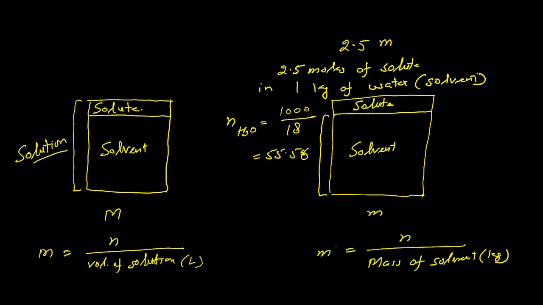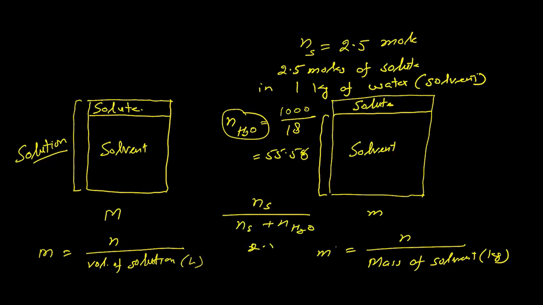So number of moles of solute, say S, is 2.5 moles, and number of moles of water is 55.56. So mole fraction of solute will be number of moles of solute divided by total number of moles. This will be 55.5 plus 2.5, so total moles will be the sum of those, not just 55.5.